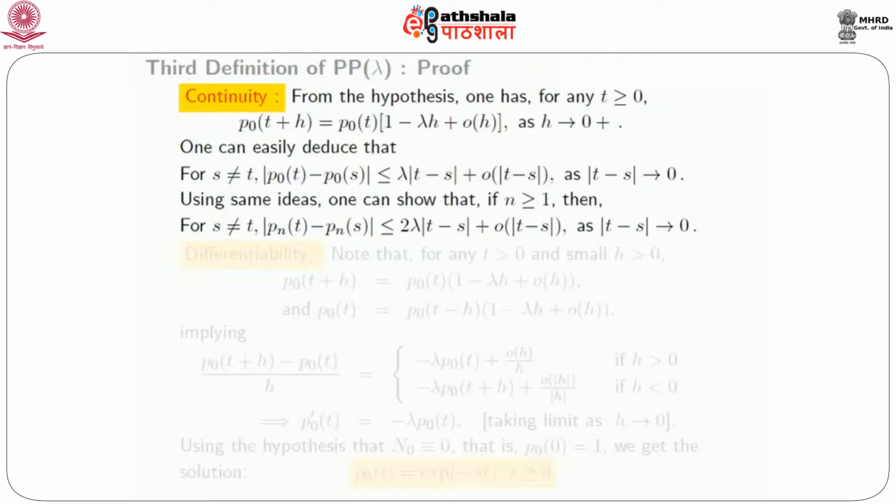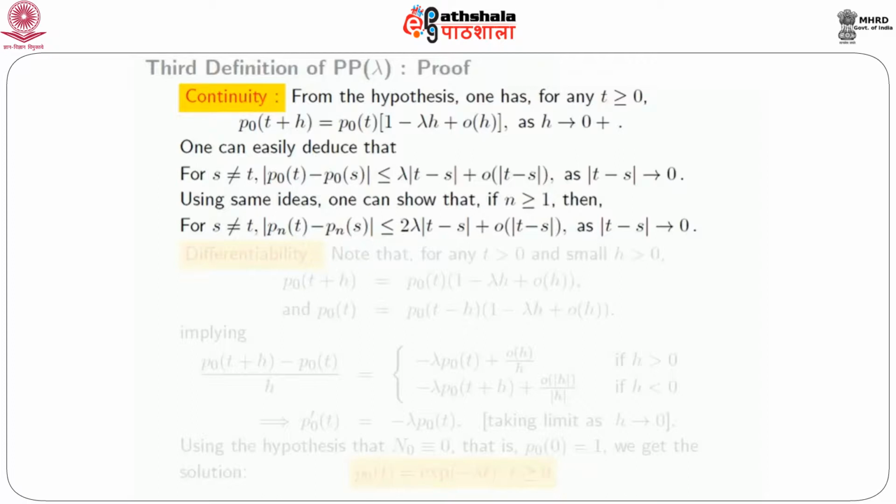That is so because P0(t plus h) is the probability that N(t plus h) is 0. Now if N(t plus h) is 0, then Nt has to be 0. So we can write this probability as the probability that N(t plus h) is 0 and Nt is 0, which is the same as the probability that Nt is 0 and N(t plus h) minus Nt is also 0.